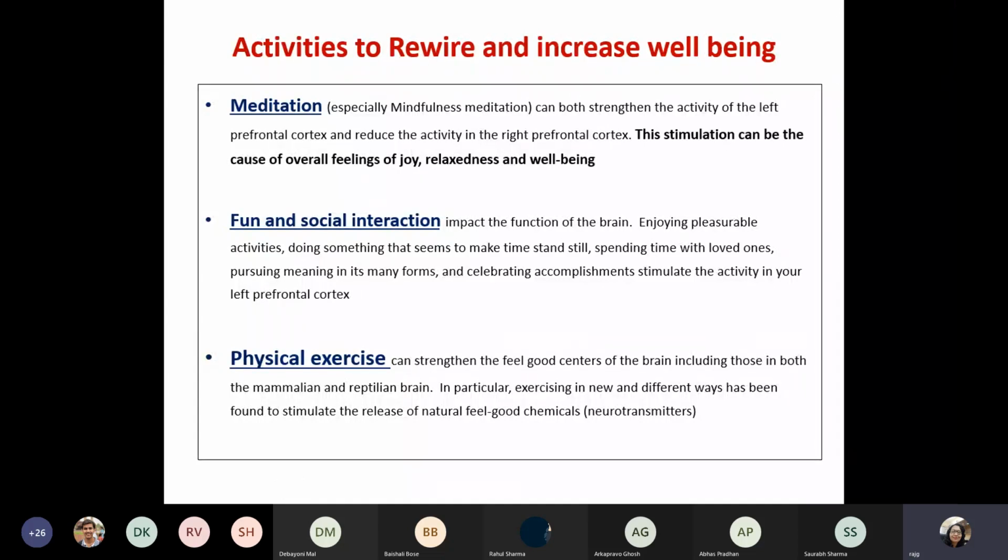the reason is that it reduces the activity in the right prefrontal cortex. It calms the brain. So if it calms the brain, the sense of agitation that we feel with distress, the muscle tightness that we feel with distress, that is reduced. Just to give you an example, think about your class 10 or earlier.